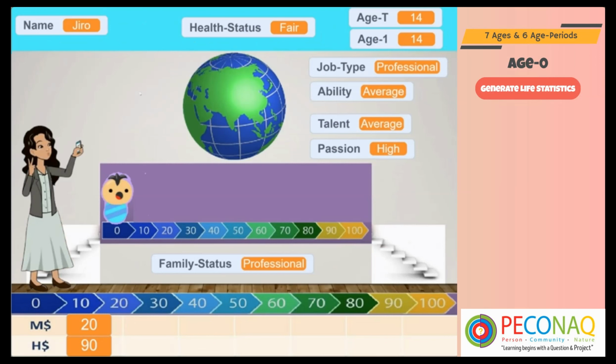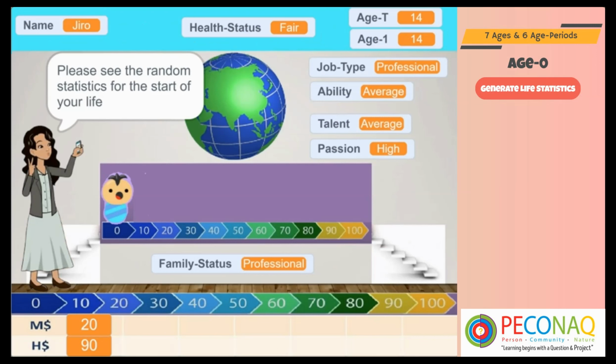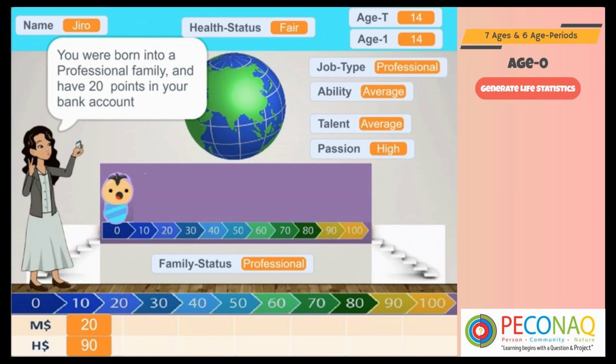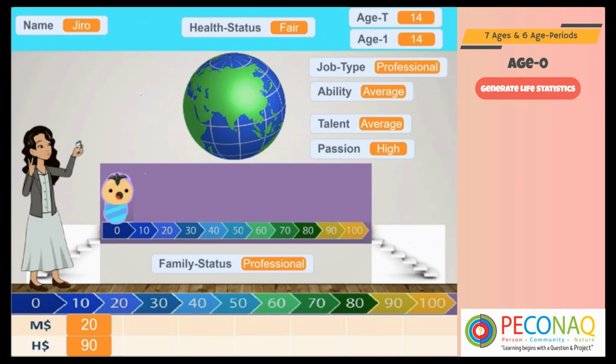At first, the infant, mewling and puking in the nurse's arms. Welcome to the world, Jiro. Please see the random statistics for the start of your life. You were born into a professional family and have 20 points in your bank account. Your job type is a professional, and you have average ability in your job.